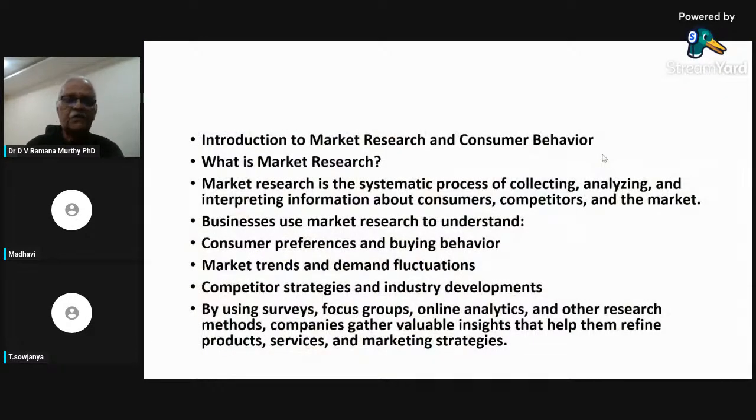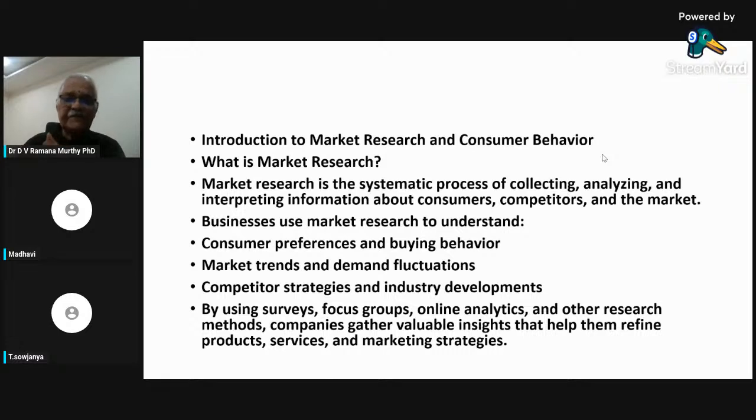Now, let's talk in terms of market research. Market research is a very systematic process of collecting, analyzing, and interpreting information. Please note this is a very systematic approach. Businesses use market research to understand customer preferences, market trends, demand fluctuations, industry developments.